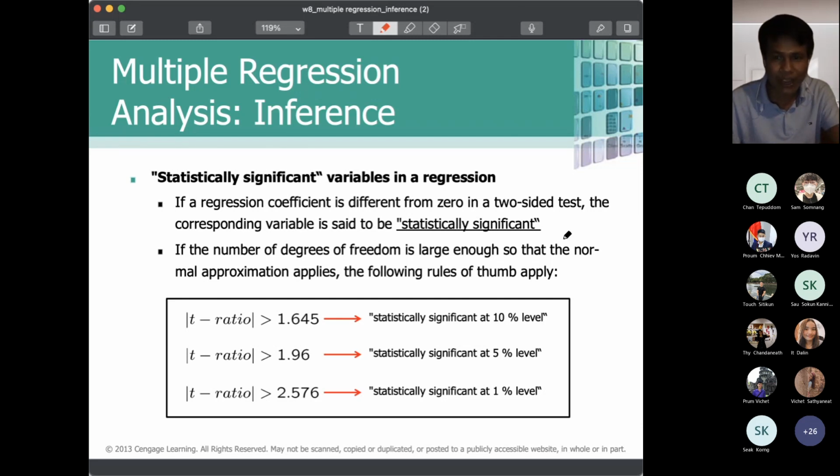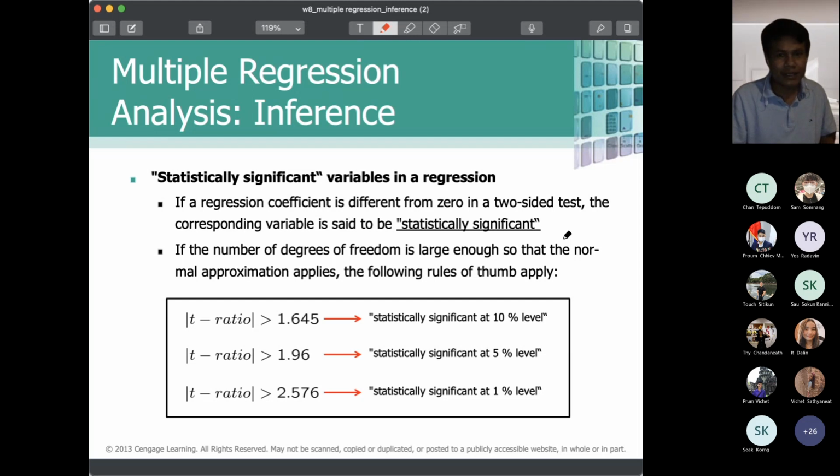What do we mean by coefficient different from 0? Absolute T is bigger than the critical value. That means we say statistically significant. So if it's 5%, 95% correct, only 5% error. If 1%, 99% correct, only 1% error.